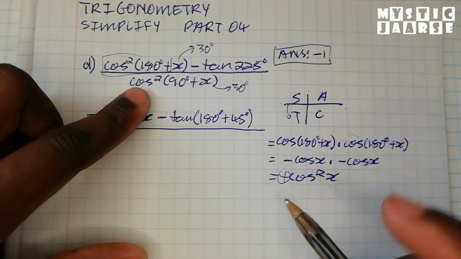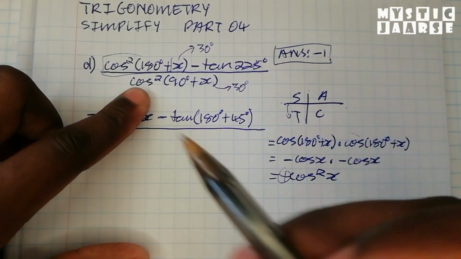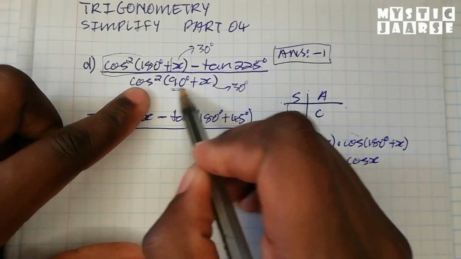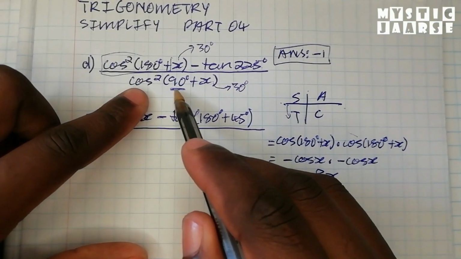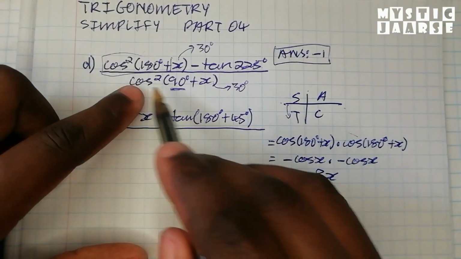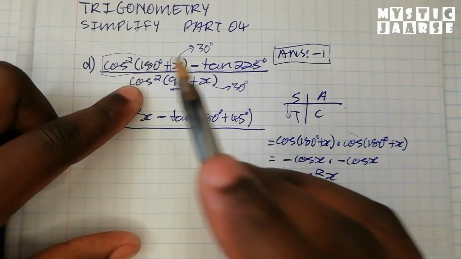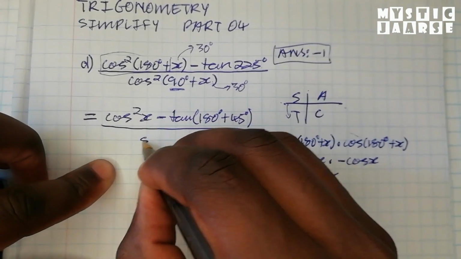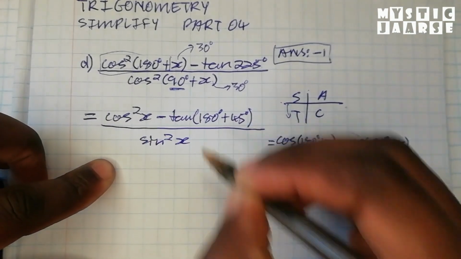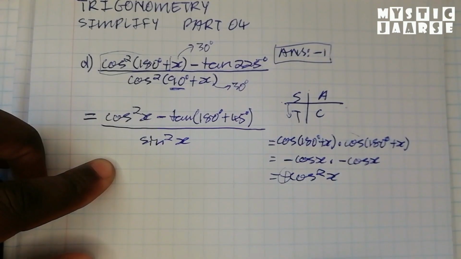But again, don't rush. This is a 90 degrees, and remember from the first video we said that whenever you have cos of 90 or sine of 90, cos changes into sine and sine changes into cos. So we're going to have sine squared x as our denominator.